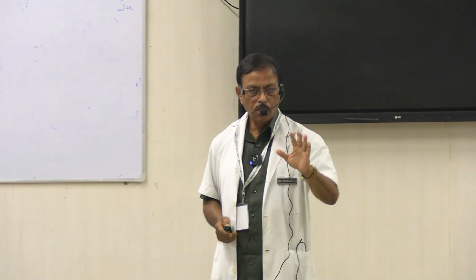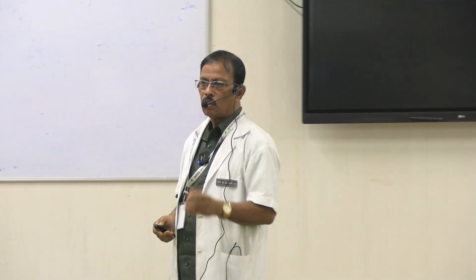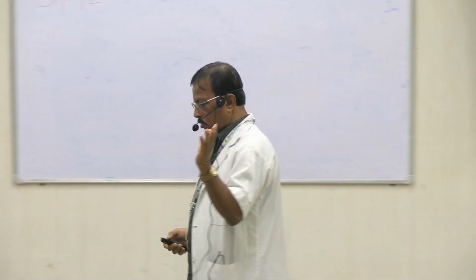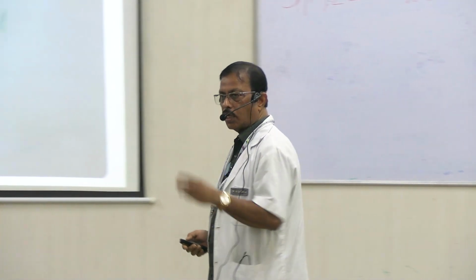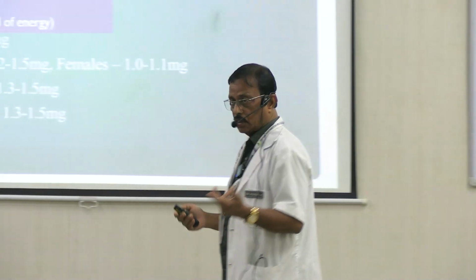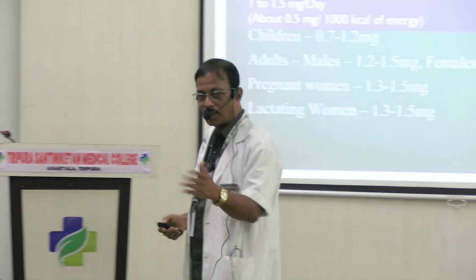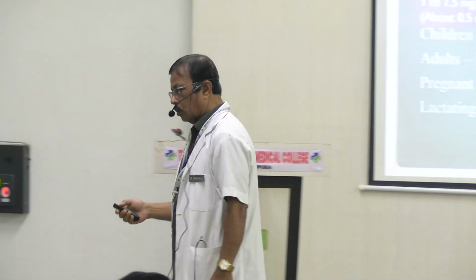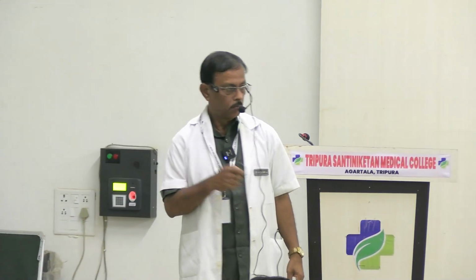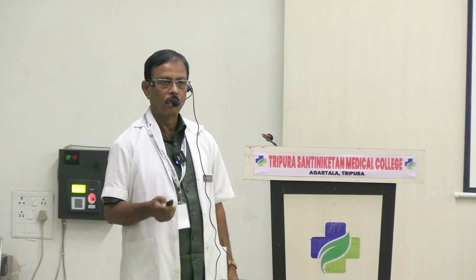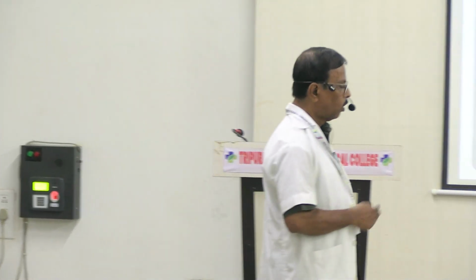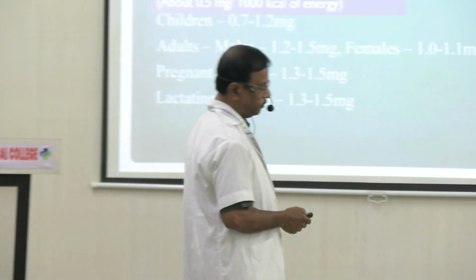Okay? Now during milling, they remove this bran layer so that rice becomes very white and people like to buy it. They like it very much, but the vitamin part is removed. So milling of rice causes loss of vitamin.